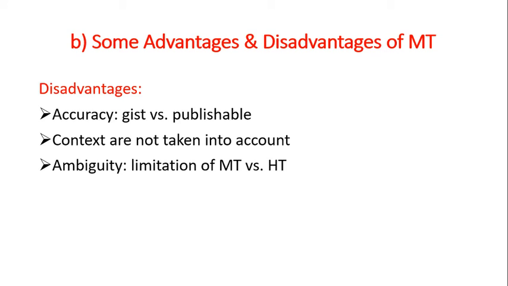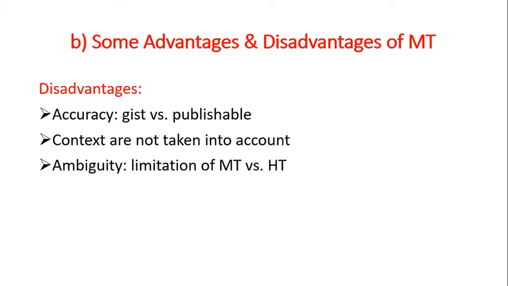But if you want to publish the text, of course, human translation is much better than machine translation. And we give this statement while talking about machine translation right now in the beginning of 2020. Maybe after some years, the situation changes and all these statements become outdated and do not stand true at that time.